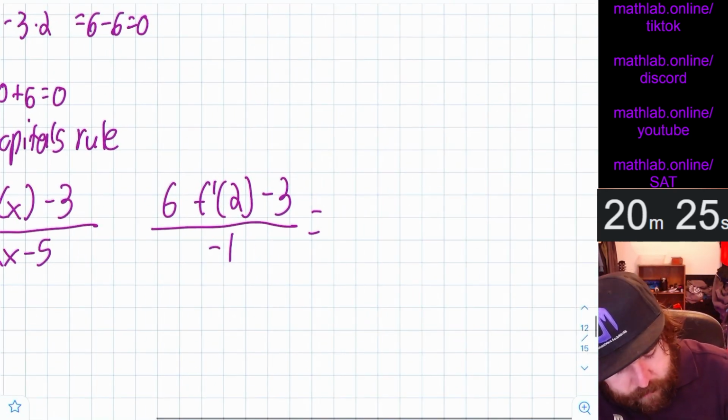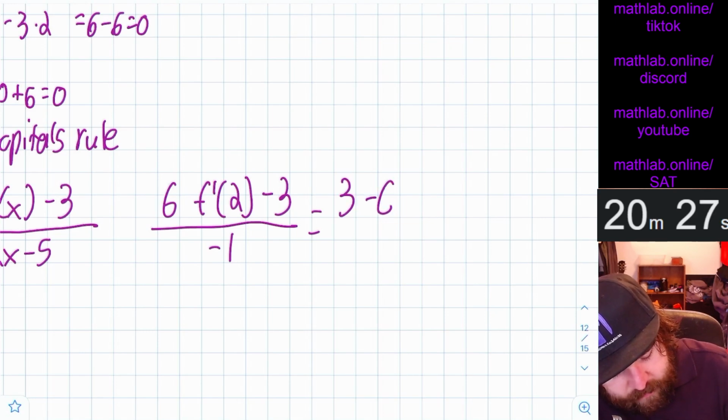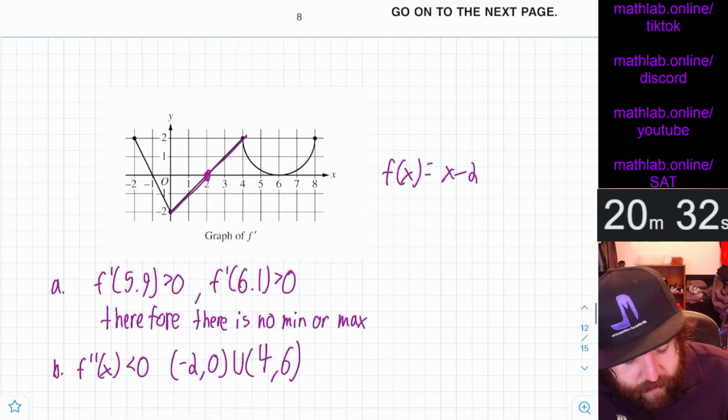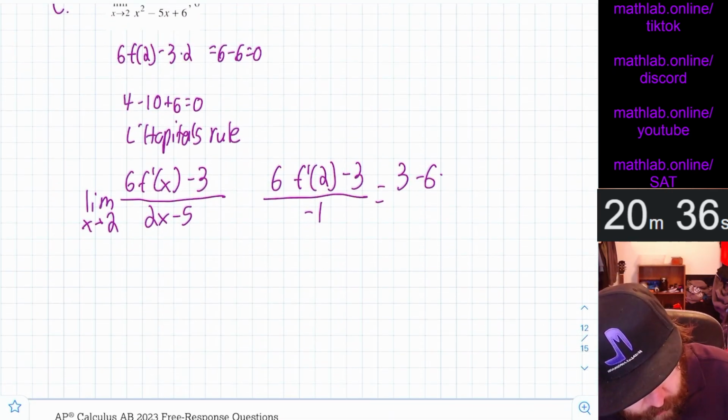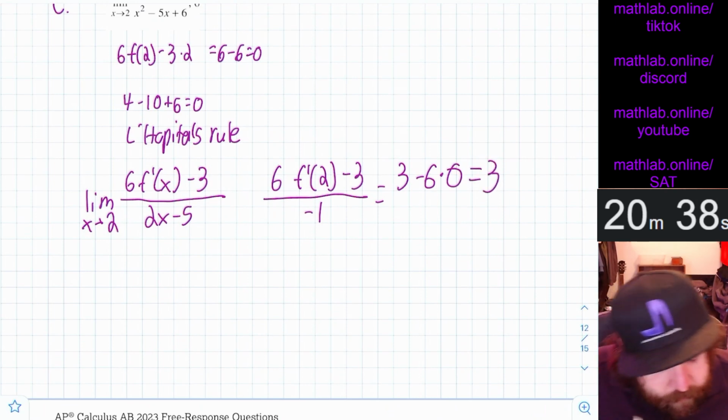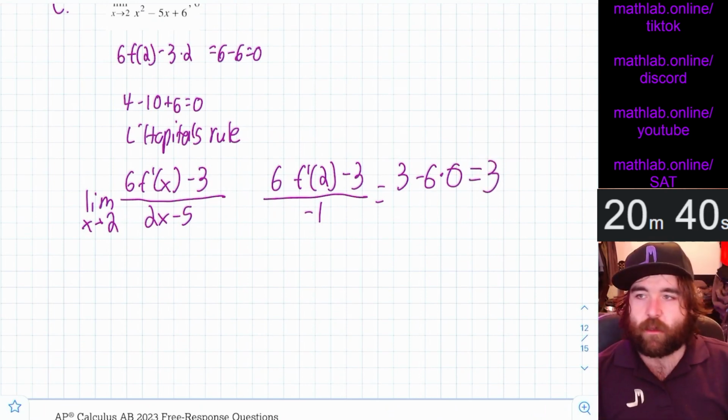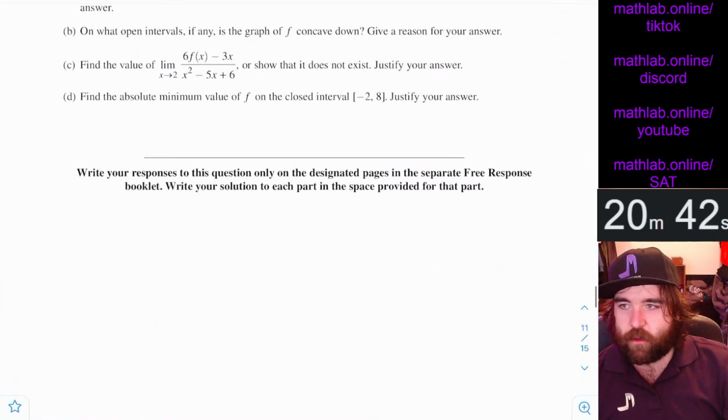So what is that? 3 minus 6 times f prime of 2. Now f prime of 2 is 0. 6 times 0. So therefore it's 3. Therefore the answer is 3. Okay. That's all they wanted here?